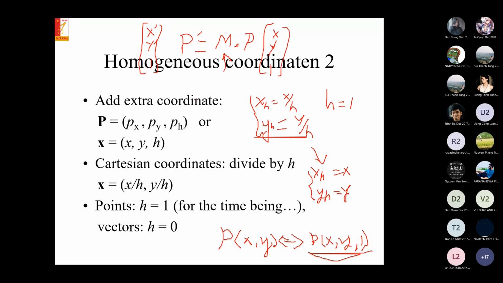So you can see the size of this matrix is 3 rows and 1 column, and this one must be a 3 by 3, 3 rows and 3 columns, right?